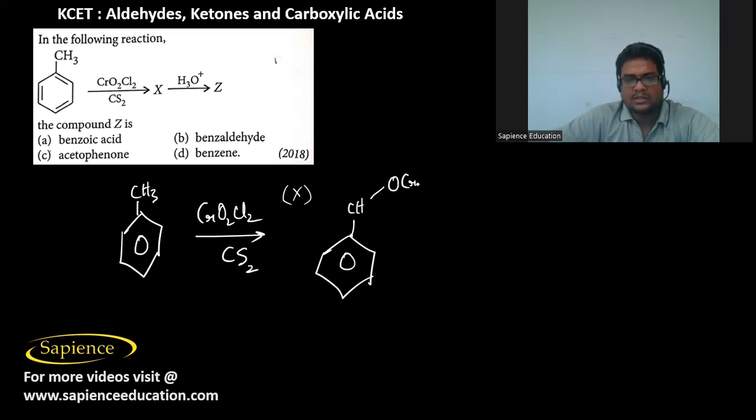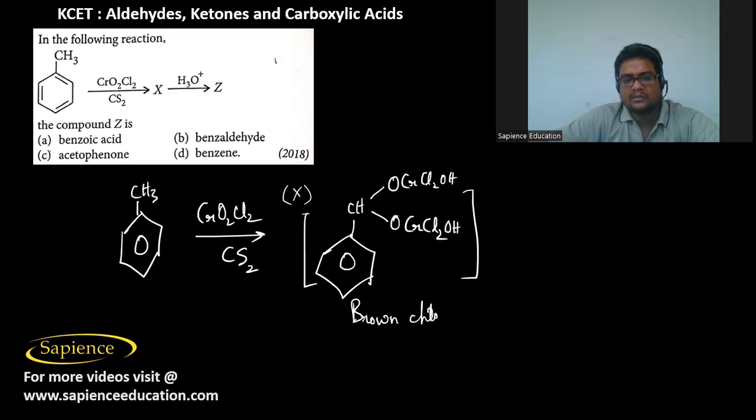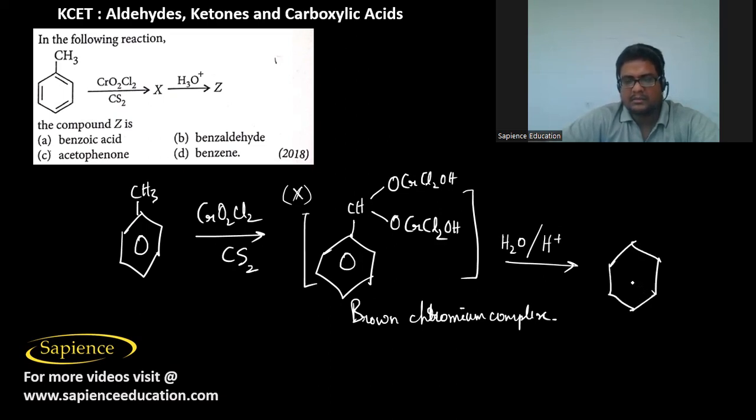So it will be a brown colored chromium complex, with CH(OCrCl2OH)2. The brown colored chromium complex will be formed, which is the product X, and which will again react with H2O in the presence of an acid to give the compound Z, which will be benzene carbaldehyde or benzaldehyde.